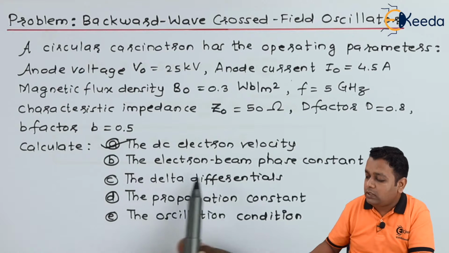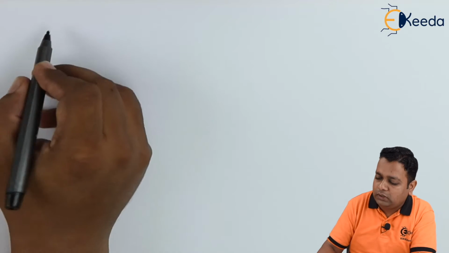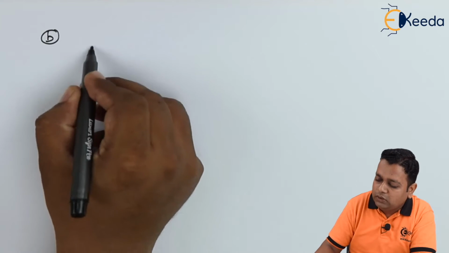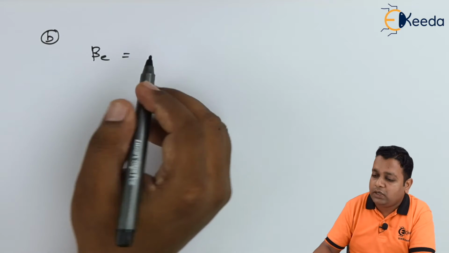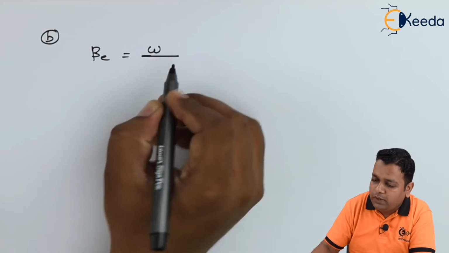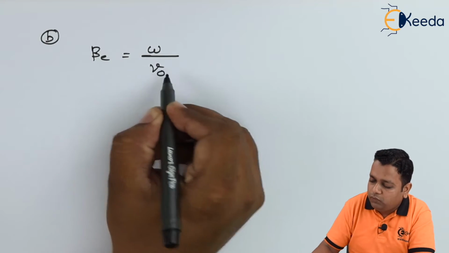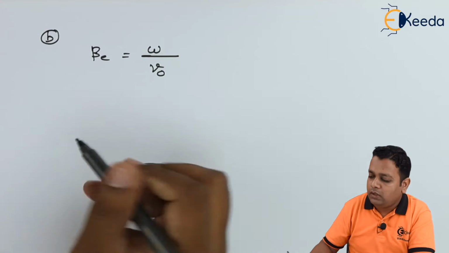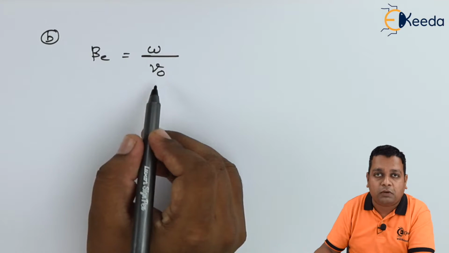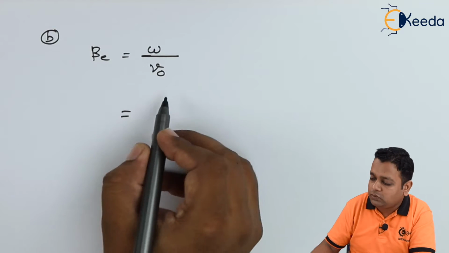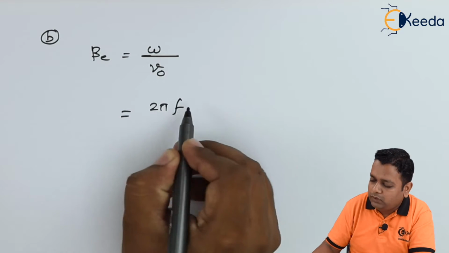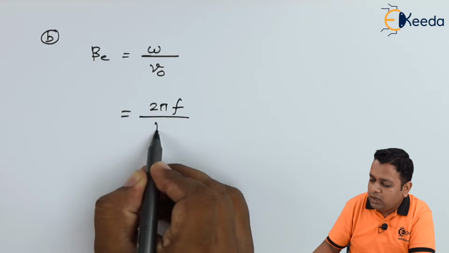Now we require the electron beam phase constant. The electron beam phase constant for the device is denoted by beta suffix e, and it is the ratio of angular frequency omega with respect to the velocity of the electron beam that we have just computed, denoted by V0. So omega can be expressed in terms of 2 pi f divided by V0.